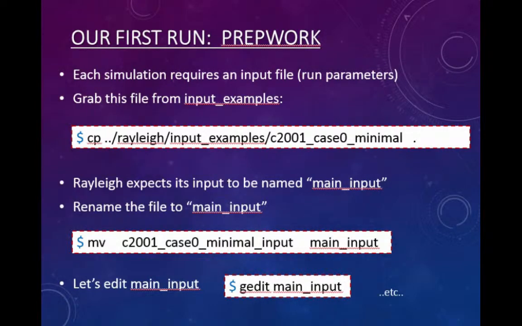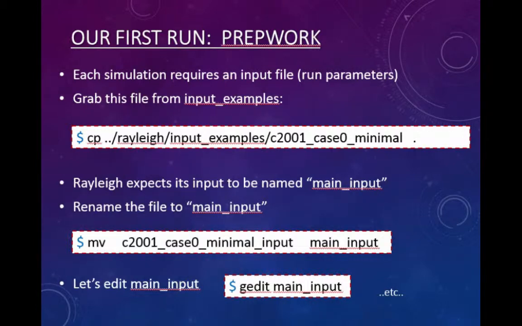Okay, the next thing we need to do is grab an input file. Rayleigh basically needs two things in your directory: the code and an input file. There are several input examples, which we'll talk about in a bit, located in the Rayleigh/input_examples directory.